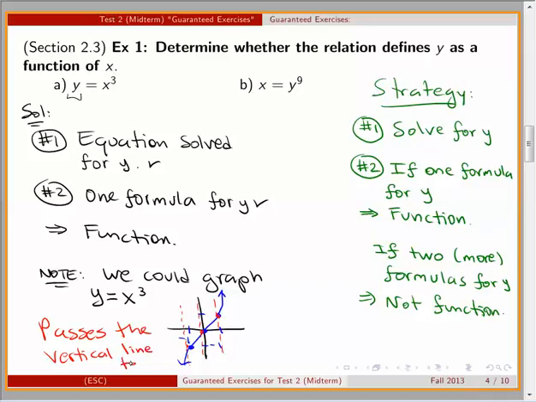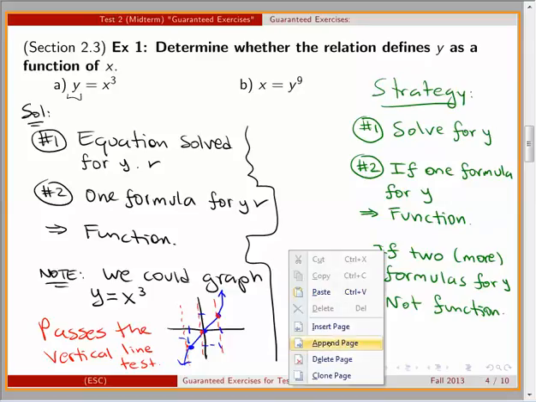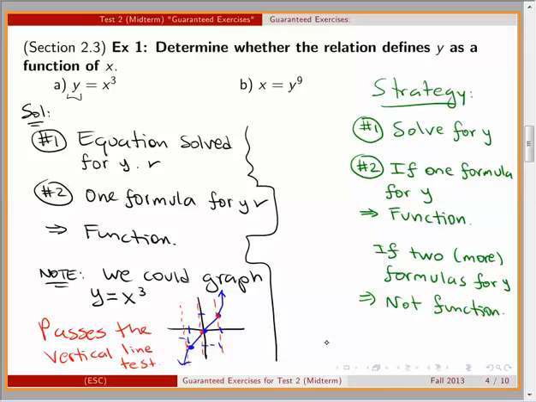Okay, so now let's do part B. We're actually going to move on to another page to do this part B. So for part B we're looking at the equation x equals y to the 9.